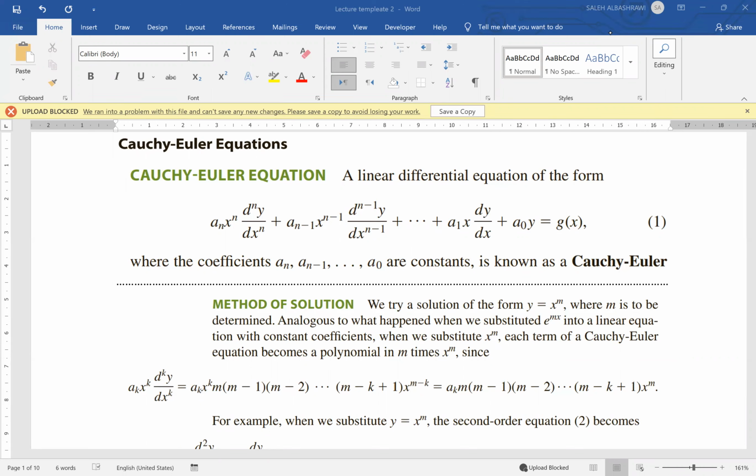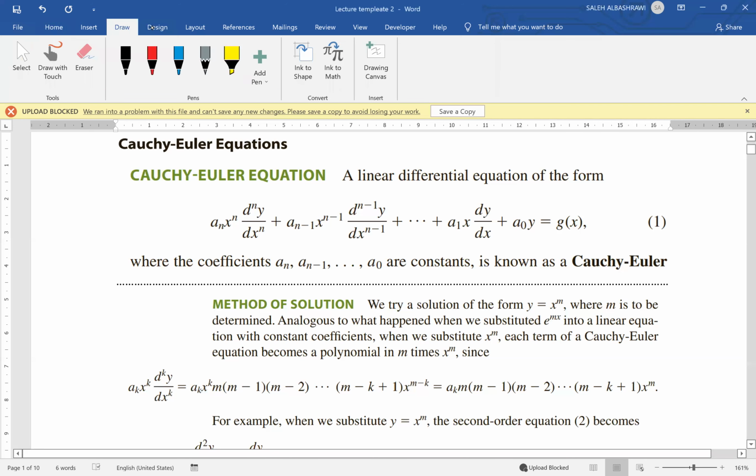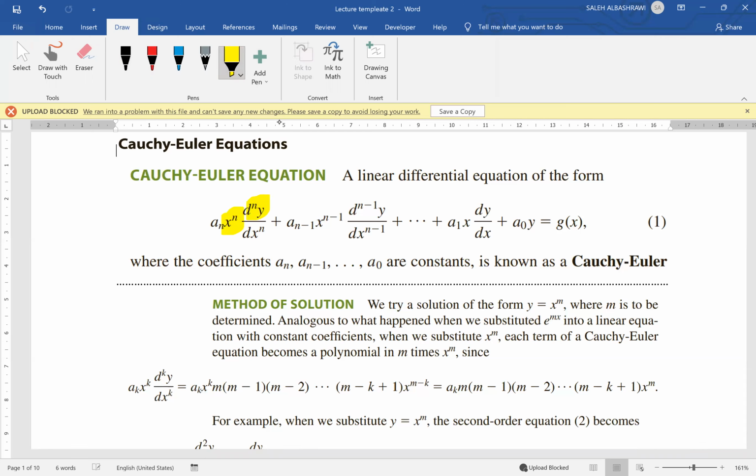What is special about the Cauchy-Euler equation is that the power of the variable x is matching the order of the derivative. x to power n minus 1 with the (n minus 1)th derivative of y, up to x to power 1 multiplied by the first derivative of y, plus a sub 0 y.